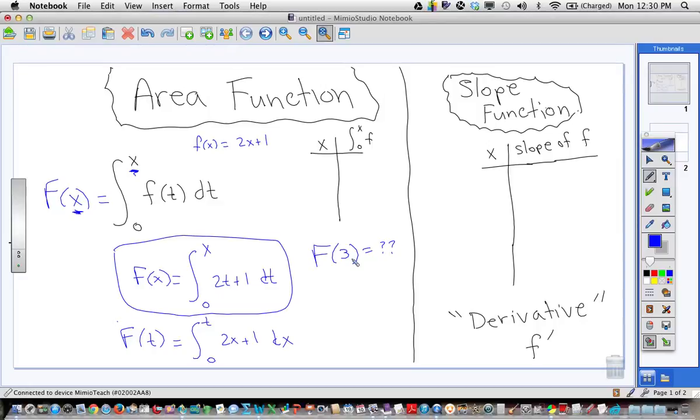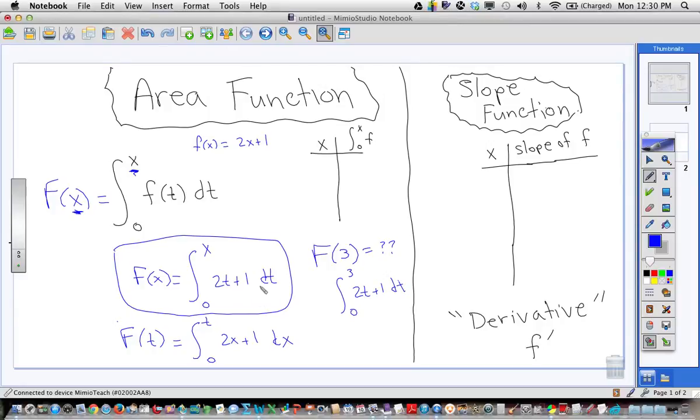What have I just told you to do? Plug 3 in for x or t, and in this one that means the 3 would go there. In this one, 3 in for x means the 3 would go there. So what I'm asking you is this, right?